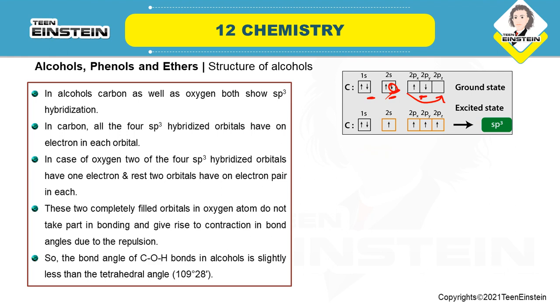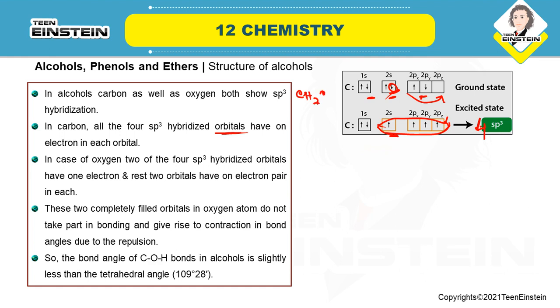So for sp3 hybridization, when it takes place, the 1s and 3p will be hybridized and there will be formation of a total of 4 sp3. Fine. So all these 4 sp3 hybridized orbitals will have one electron in each, and each of these sp3 orbitals will be used for formation of a sigma bond. Okay. So I am taking the very simplest example.